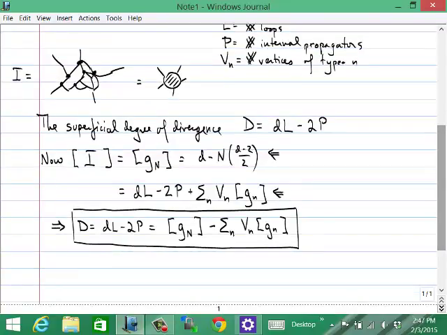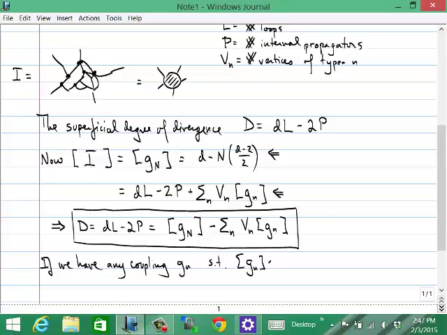If we have any coupling G sub n with negative dimension, then that means that any diagram will diverge at sufficiently high order in perturbation theory.